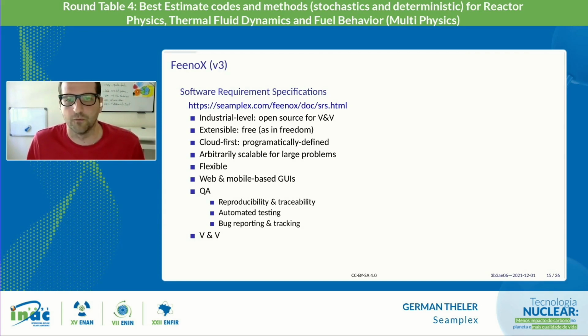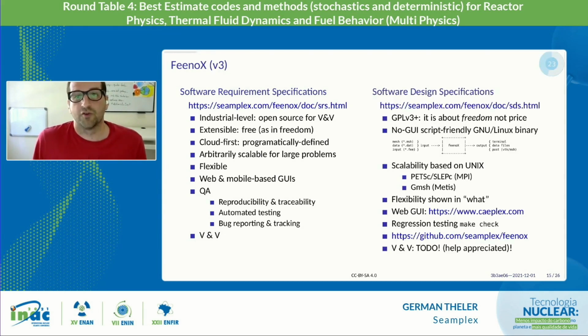It's like if you want to design a web page today, you have to make it mobile first, not even mobile friendly. You have to start with mobile first, and if you want to solve a problem nowadays, it has to be cloud first. At the end of the day, you want to run it in the cloud with hundreds of cores and eventually infinite capacity. So the code has to be cloud first, and it should be scalable, flexible, and a lot of stuff.